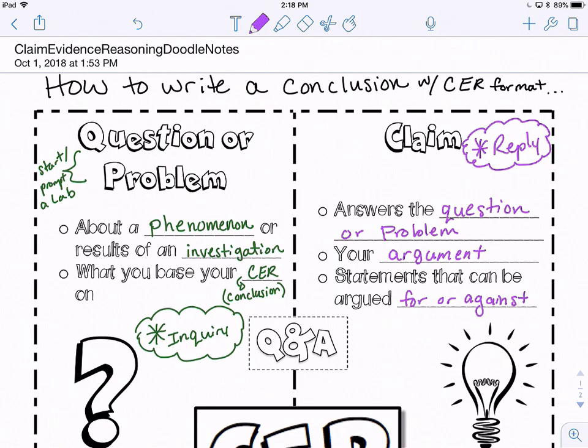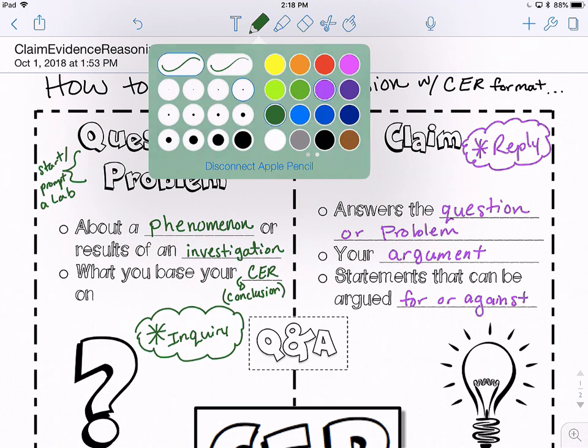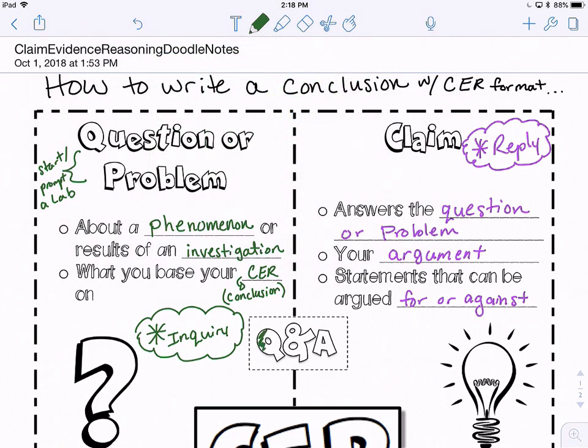So the relationship between the question and the claim: your question is the cue. A lot of times it starts your investigation. And your claim is the short answer. It's the shortest short answer part. Where your question is the inquiry, the claim is your reply.